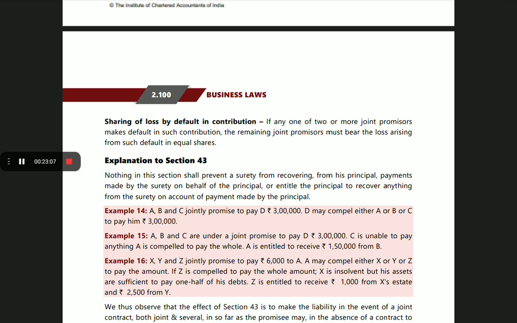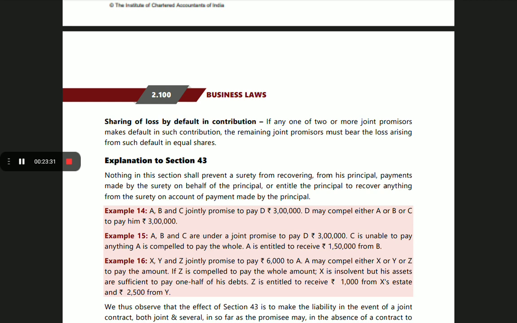C is unable to pay anything. A is compelled to pay the whole. A is entitled to receive 1,50,000 rupees from B.